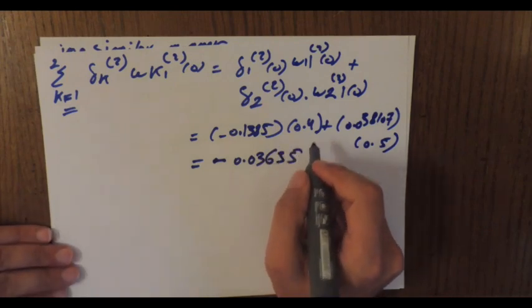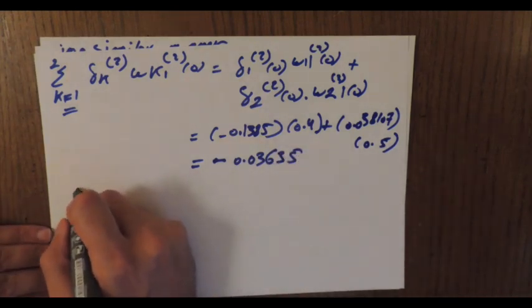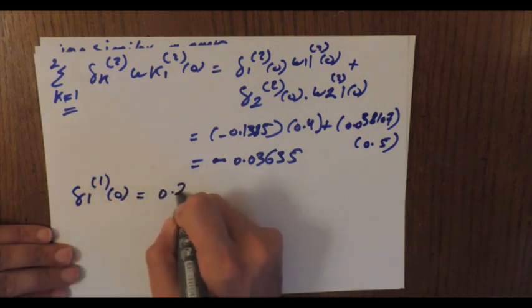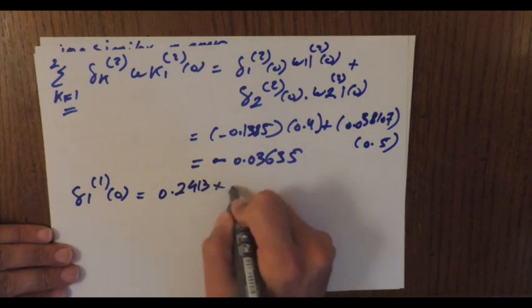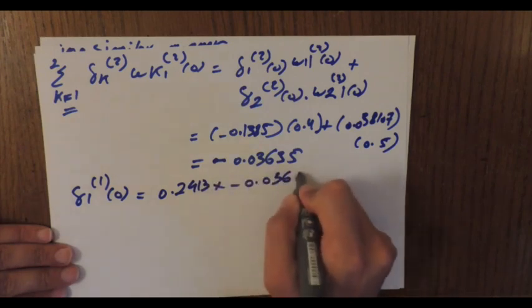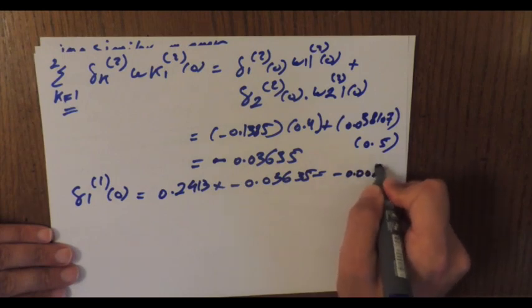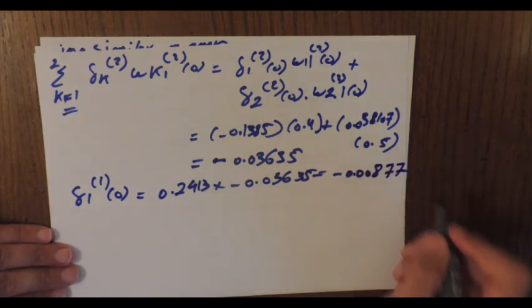And in this case we will have minus 0.03635, and in this case the local gradient delta 1 of 1 of 0 is equal to 0.2413 times minus 0.03635, which is minus 0.00877.